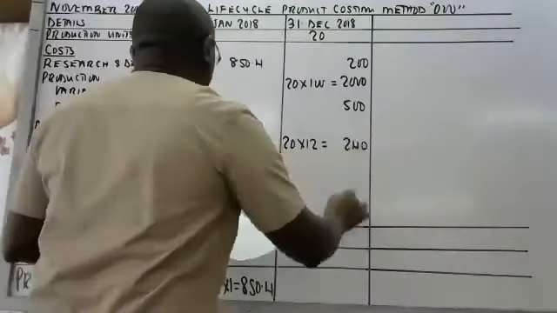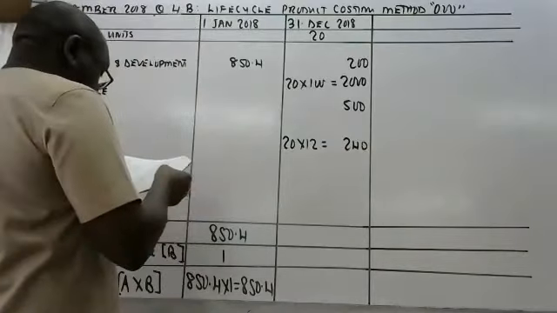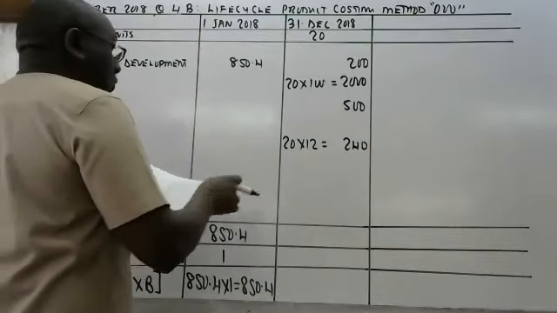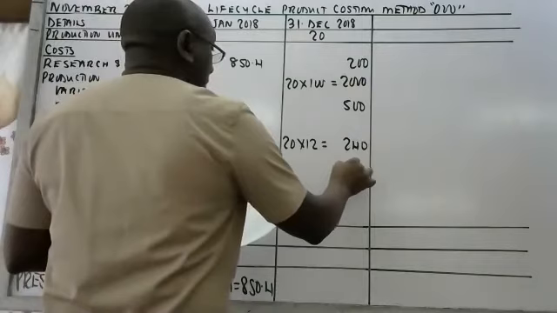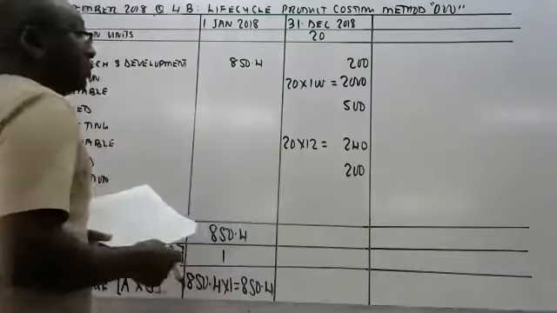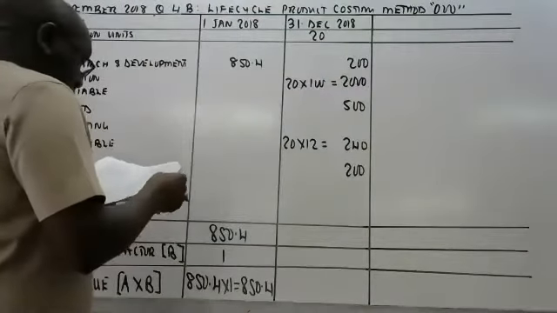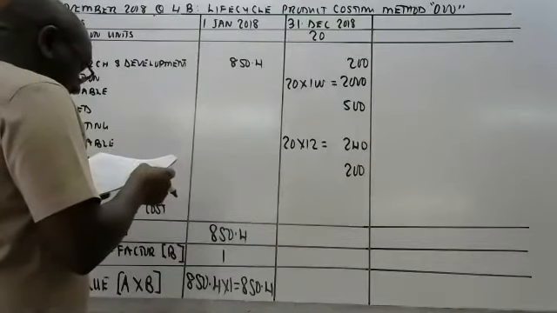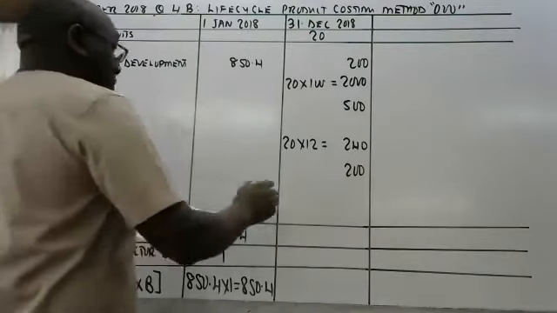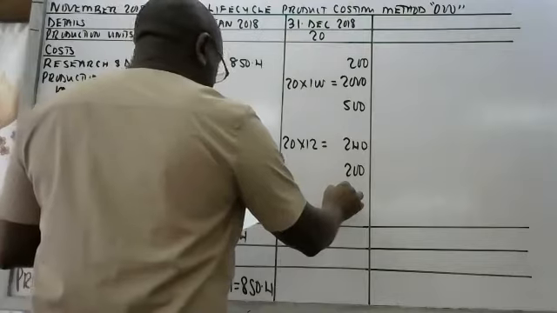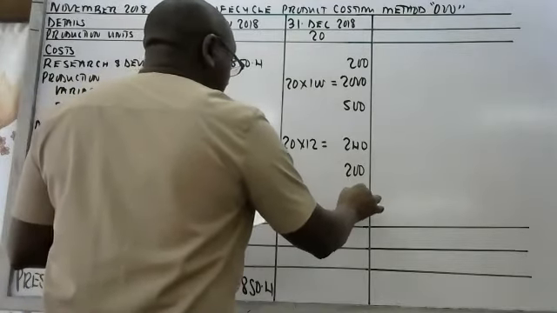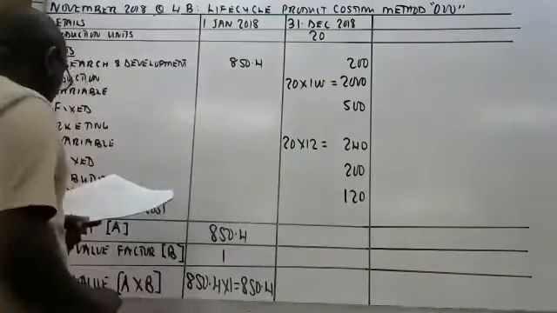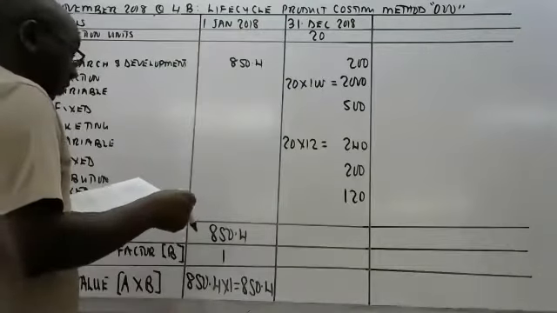Good. Fixed marketing is 200. Distribution that is fixed is 120. There is no disposal costs.